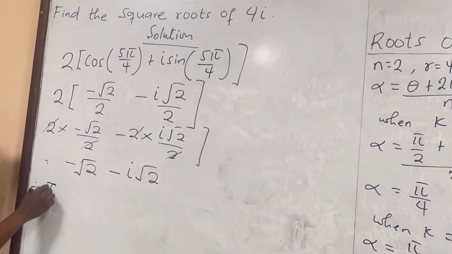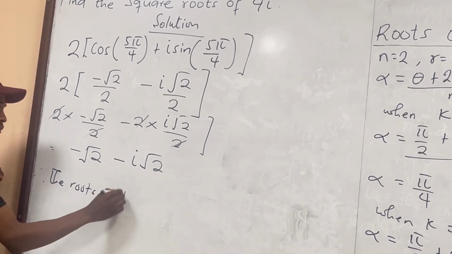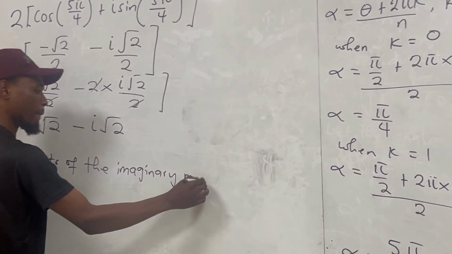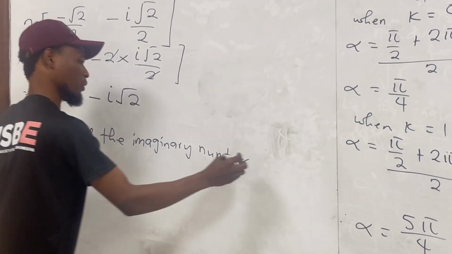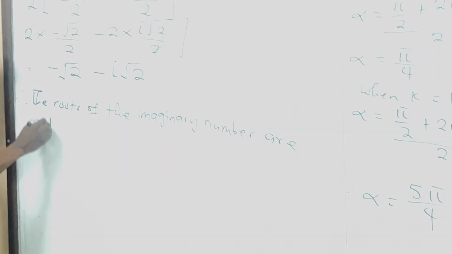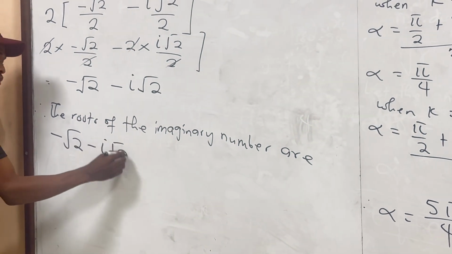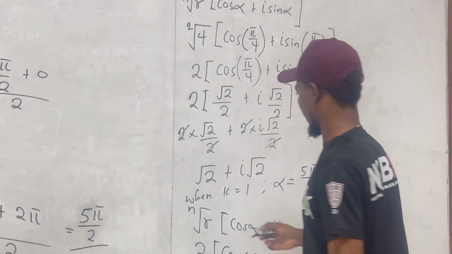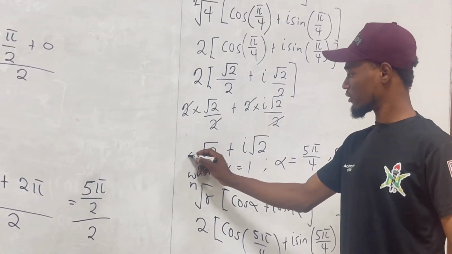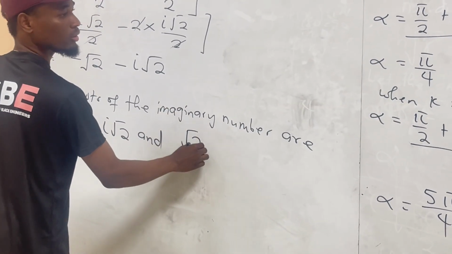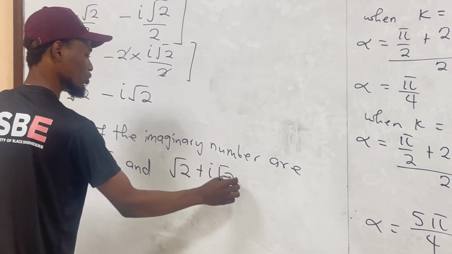Therefore, the roots of the imaginary number are: negative root 2 minus i root 2, and the one we had over here, positive root 2 plus i root 2.